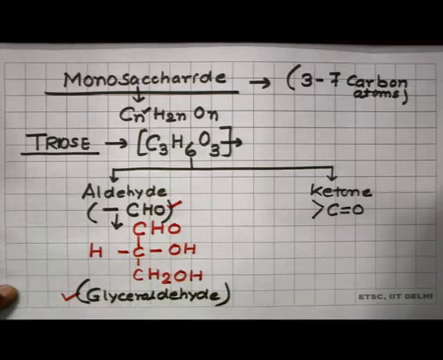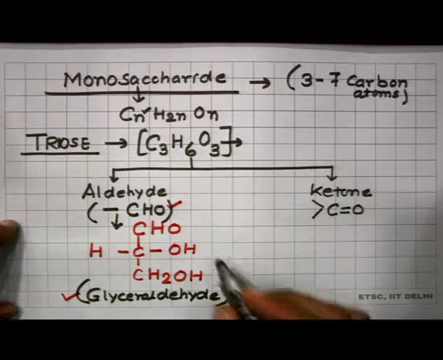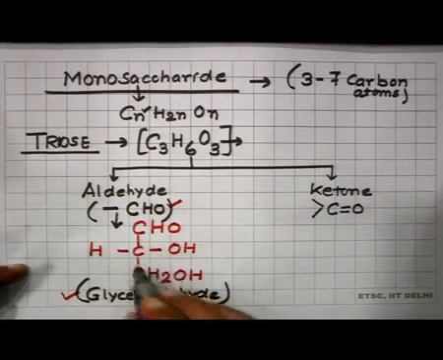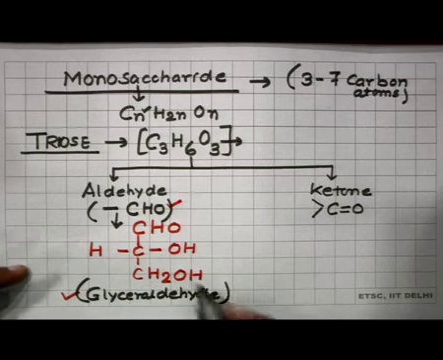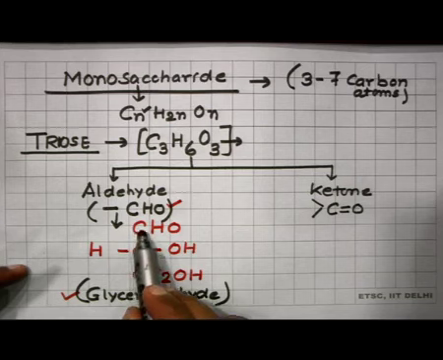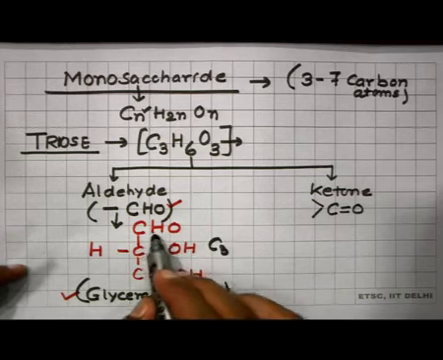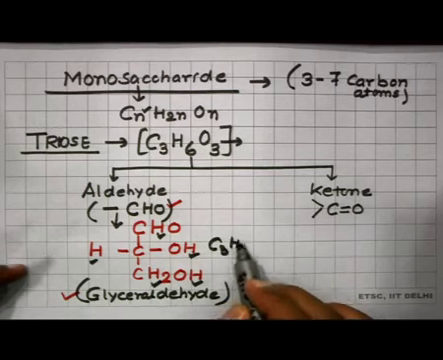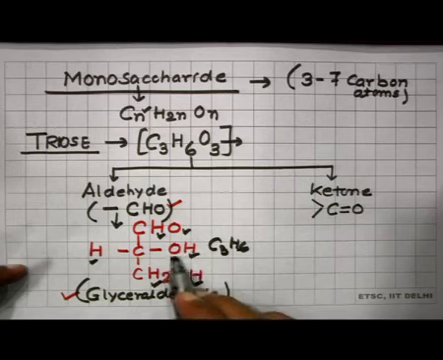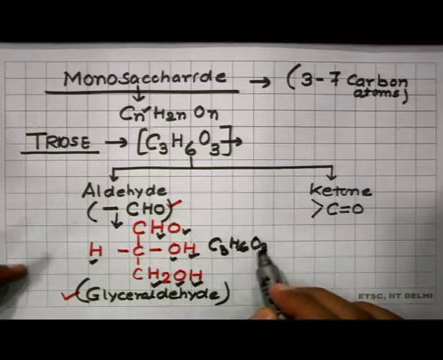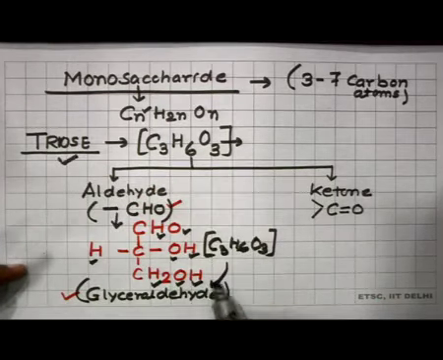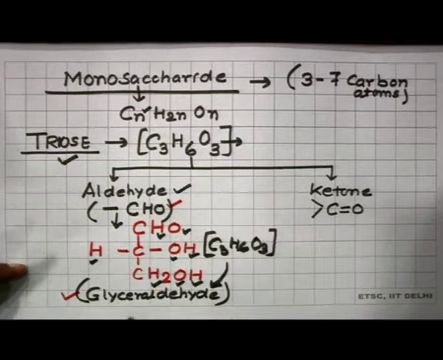So, CHO at one position, in the second position H and OH, and the third position CH2OH. Now, you can count that carbon is 3, C3, hydrogen 1, 2, 3, 4, 5 and 6, hydrogen is 6, oxygen 1, 2, 3, oxygen is 3.